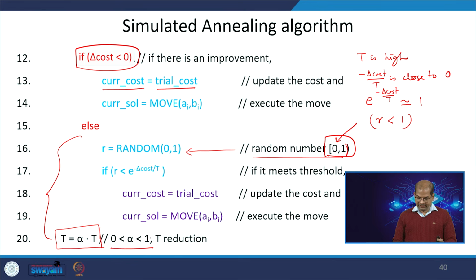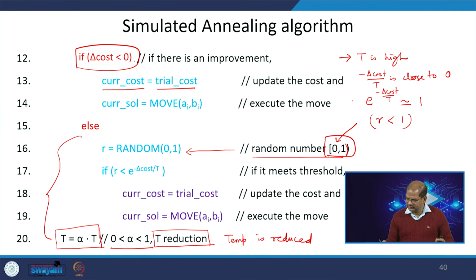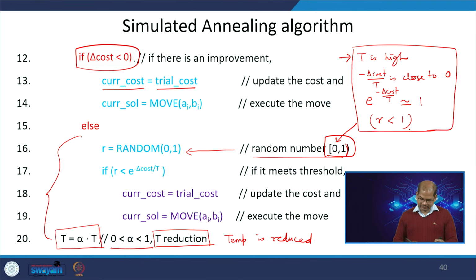T is reduced by alpha, between 0 and 1, so the temperature is reduced and finally it will go close to 0. We explained the high temperature case, but whenever T is close to 0, what will happen to minus delta cost by T?